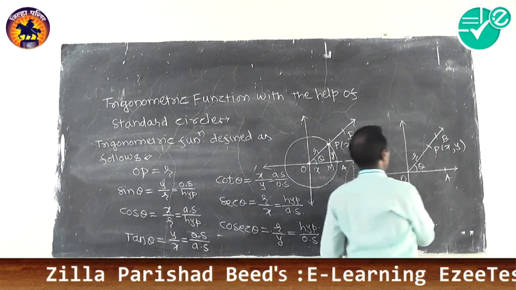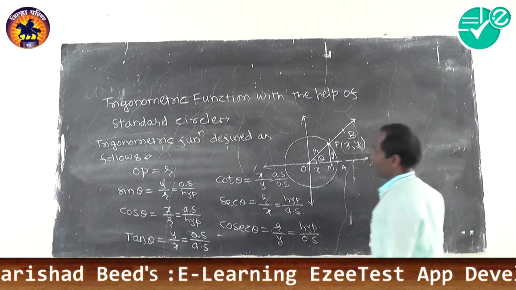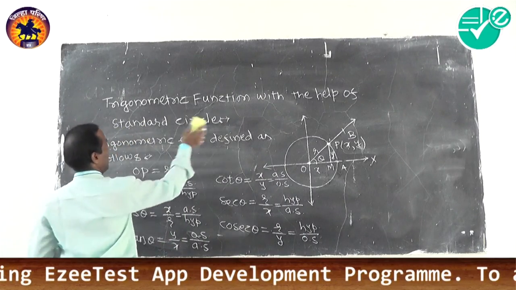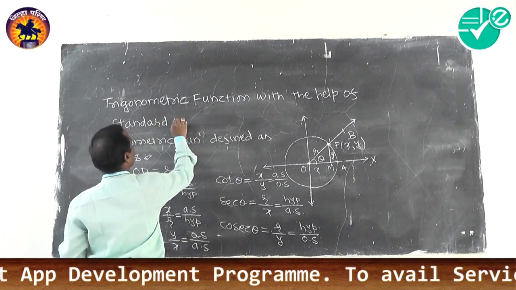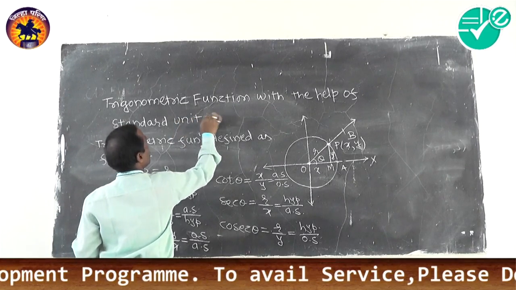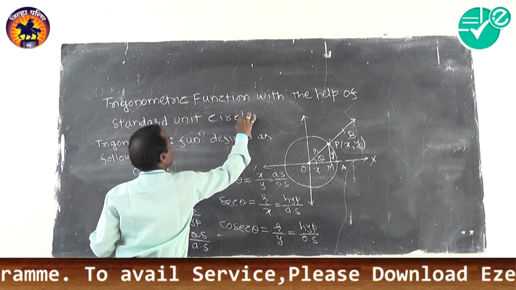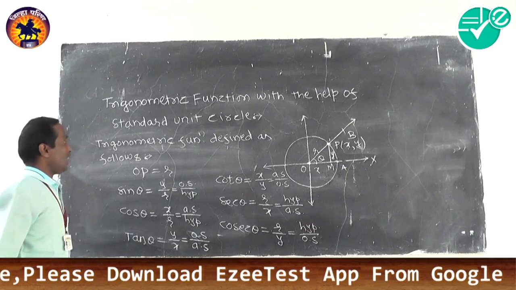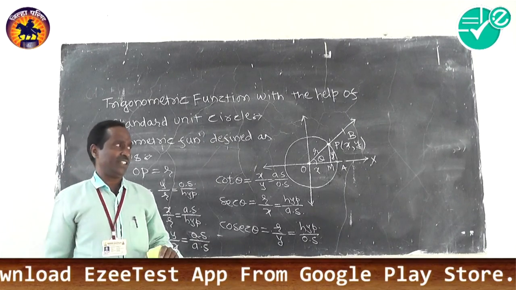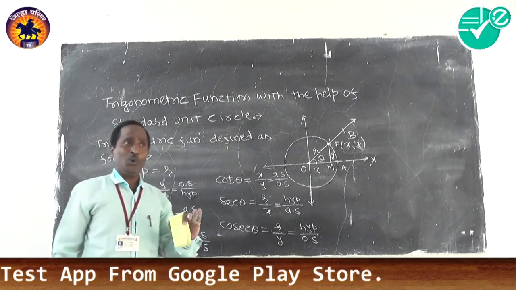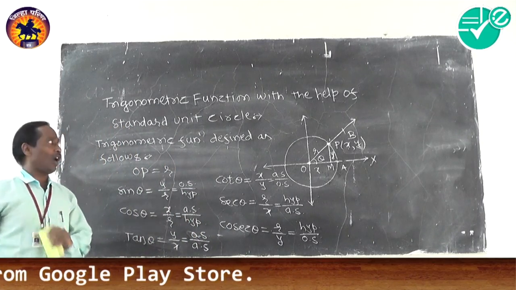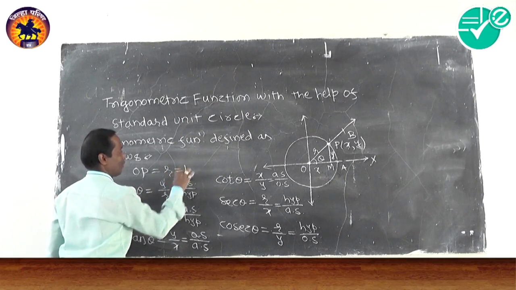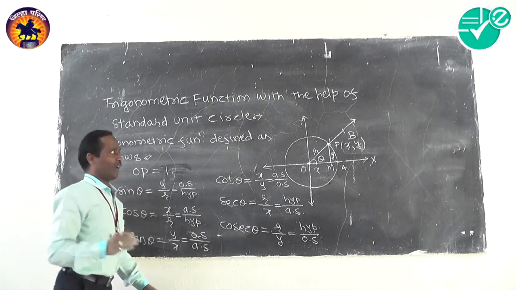Now we are going to study the trigonometric functions with the help of the standard unit circle. What is the definition of standard unit circle? A standard circle whose radius is 1 is called the standard unit circle. Means the radius is 1, OP is equal to 1.